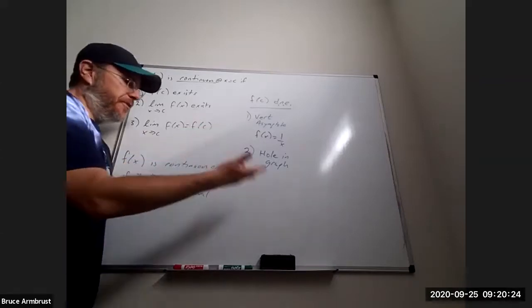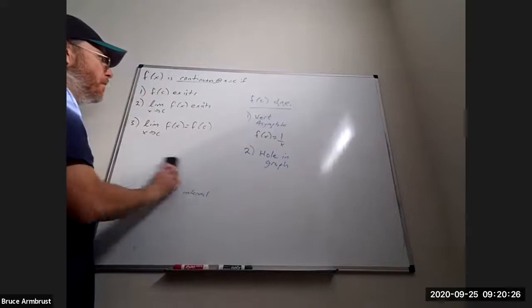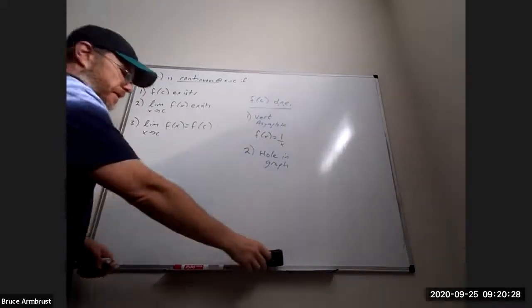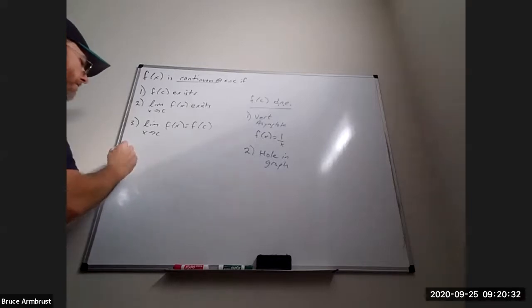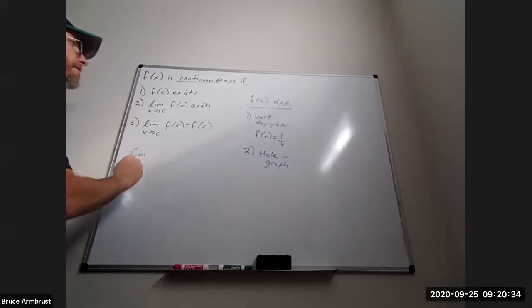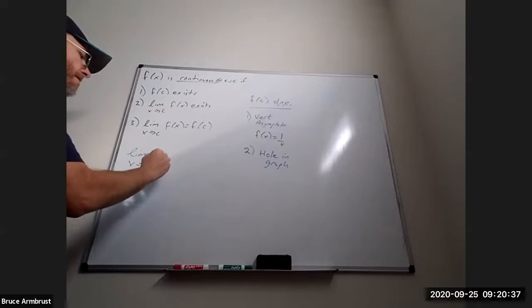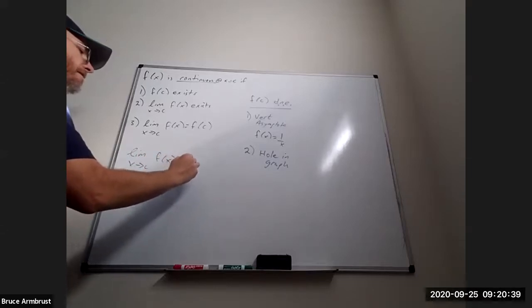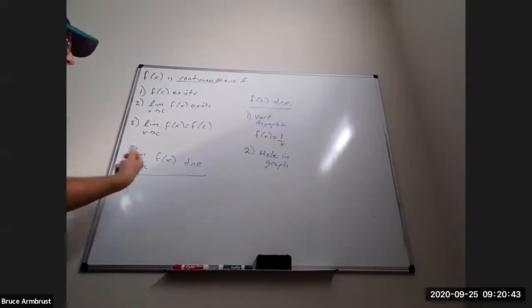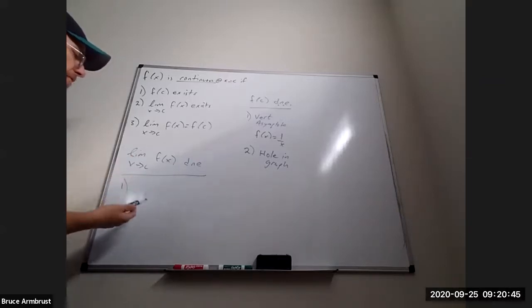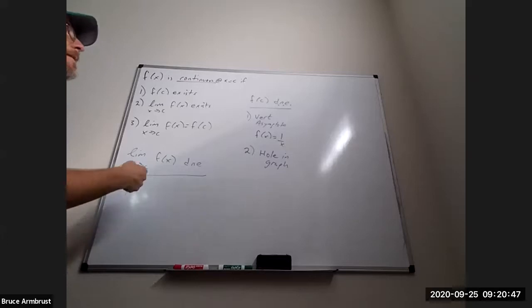All right, so there's that one. What about if the limit doesn't exist? So we'll go with the limit as x goes to c does not exist. Okay, so for this one, here are some issues we can have with the limit not existing.